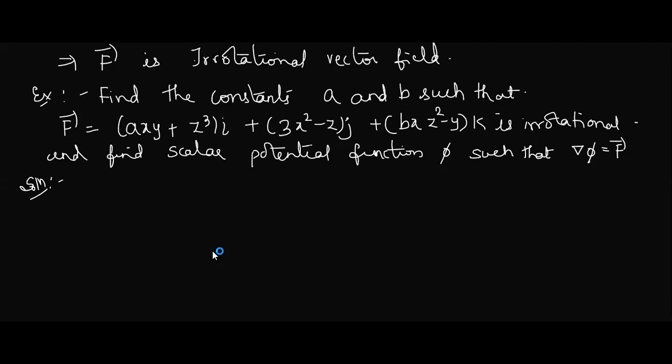Now, in this question, we have to find the constants such that the given vector field is irrotational. What does this mean? The vector field F is irrotational, means what? What is the condition you have? Curl of F is 0. Make use of that condition, and using it we are going to first find A and B.